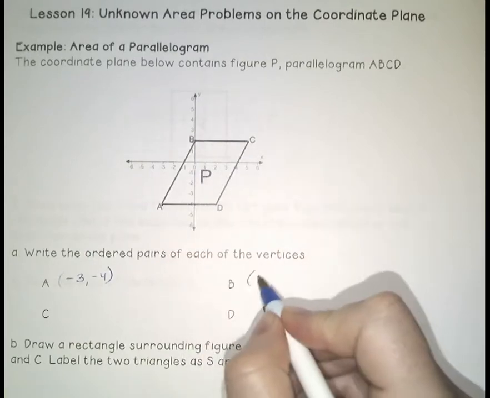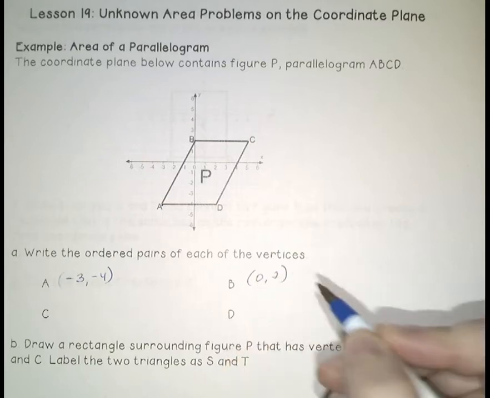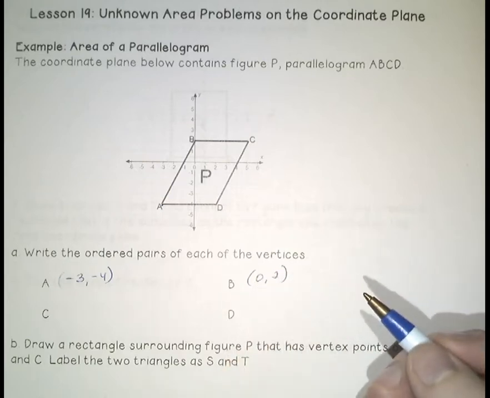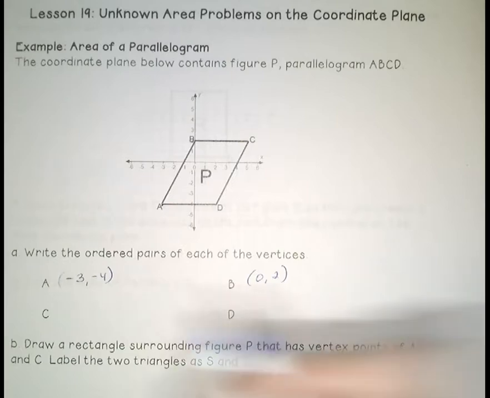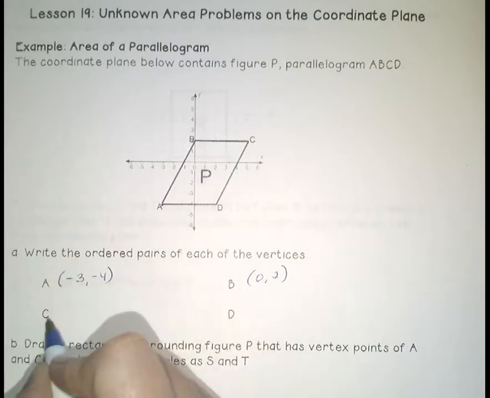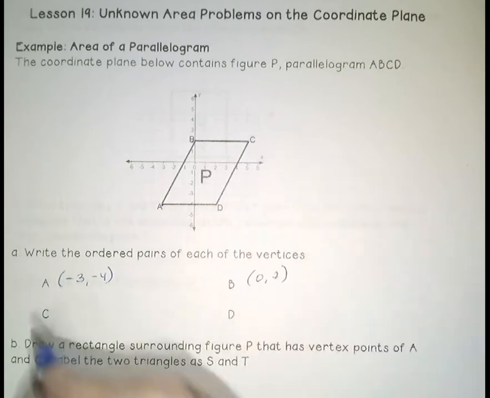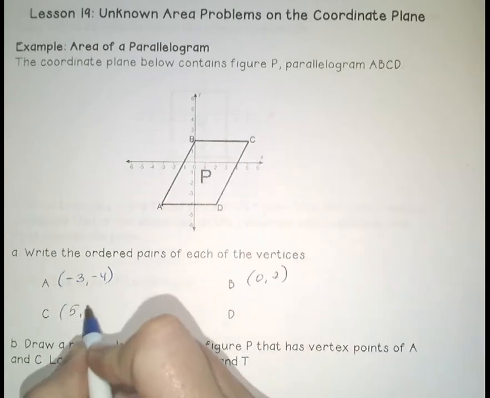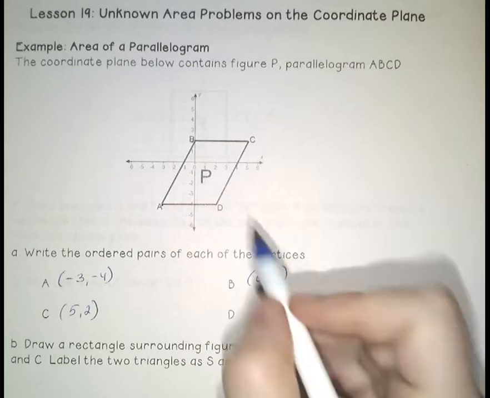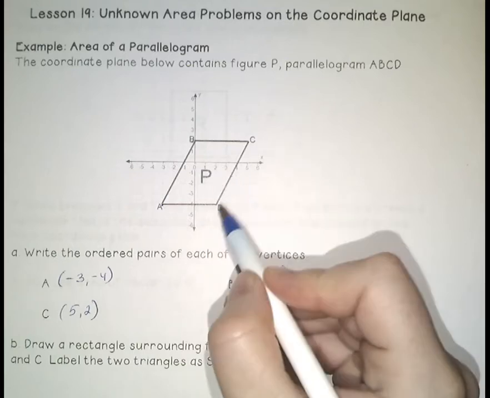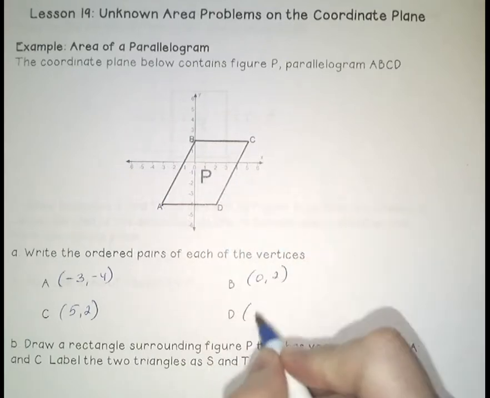So that will be (0, 2). Notice that the ordered pairs are written in parentheses. Then we have C. C is at (5, 2). And D is at (2, -4).